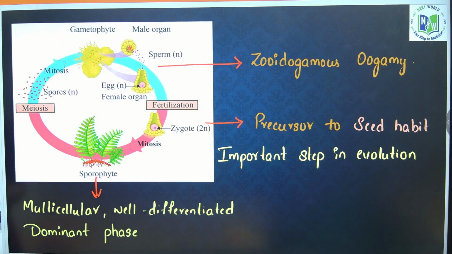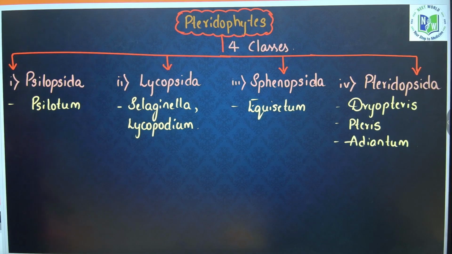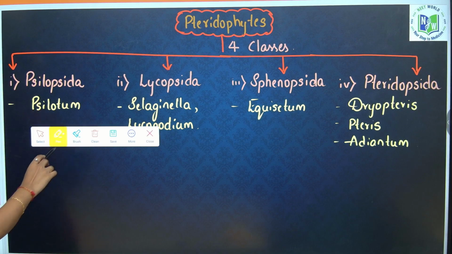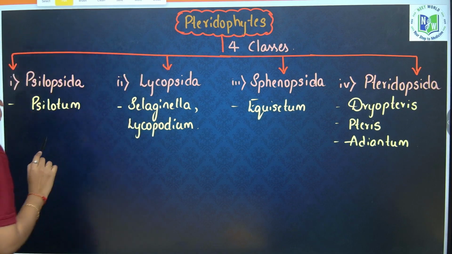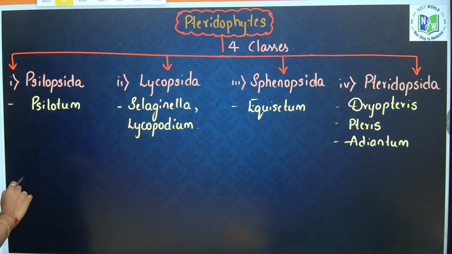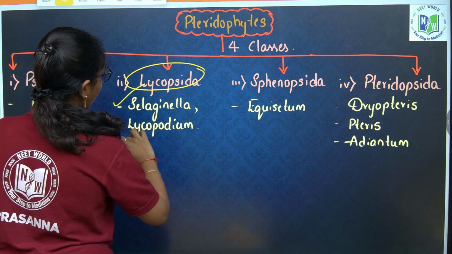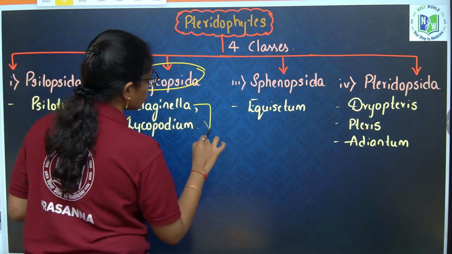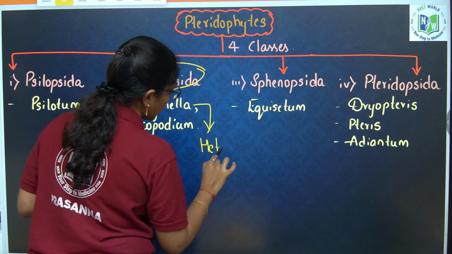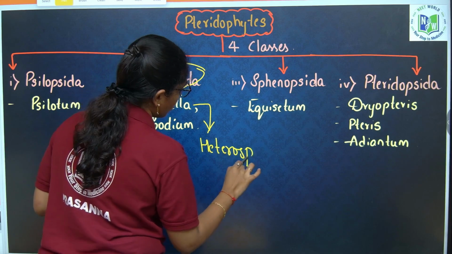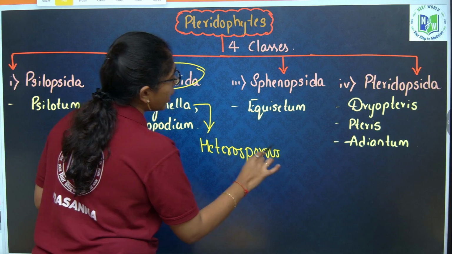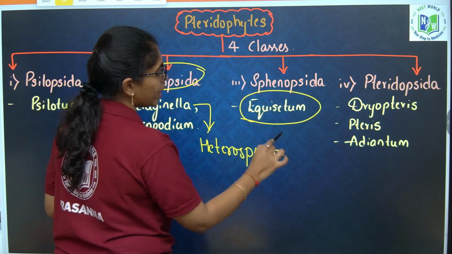Now if you see, pteridophytes are also classified into 4 classes. These examples are very important, you have to remember, beta. First class is Psilopsida, for example Psilotum. Second is Lycopsida, Selaginella and Lycopodium. Selaginella shows heterosporous condition. Equisetum belongs to Sphenopsida.